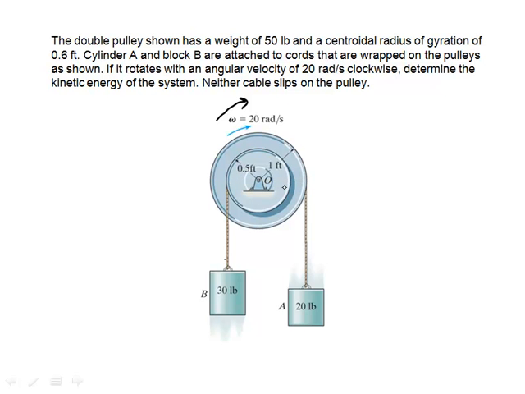And then 30 pounds is pulling in the other direction at 1/2 foot, so that's only 15 foot-pounds. But I should point out, it really doesn't matter what direction this is going. It could be going to the right and speeding up. It could be going to the left or counterclockwise and slowing down. And so be really careful about the direction. But remember, kinetic energies are I omega squared or m v squared. So the direction really doesn't matter because you're going to end up squaring it. So the pulley system has a weight of 50 pounds, that's mg.